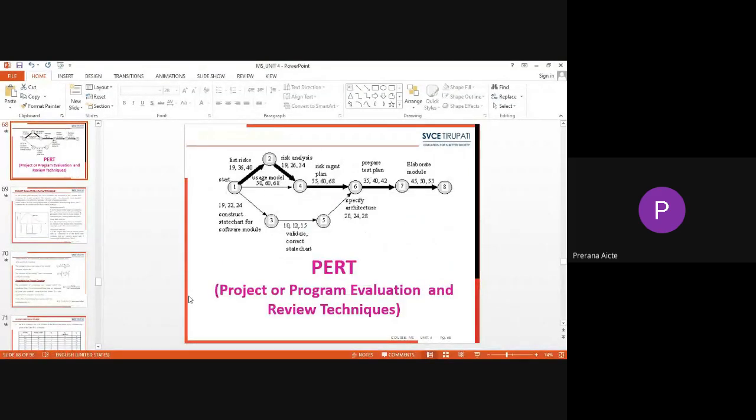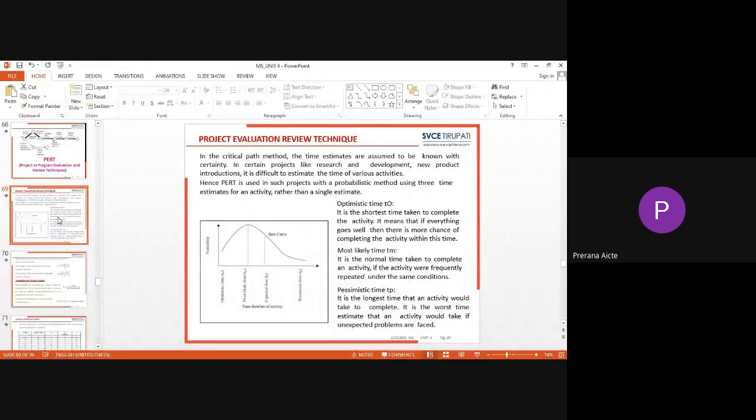This technique is generally applied for non-repetitive type of projects which are being undertaken for the first time, and it also involves certain probability, and these probability theories are applied for finding out the total project duration. So, in critical path method, the time estimates are assumed to be known with certainty.